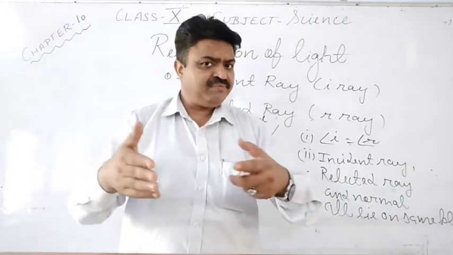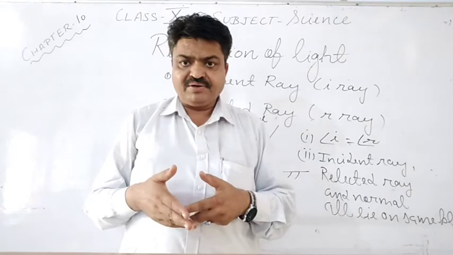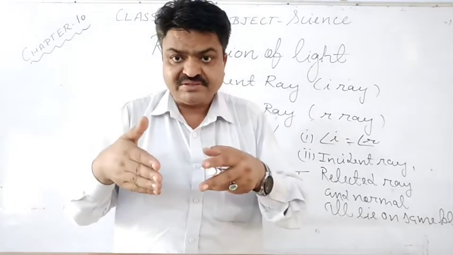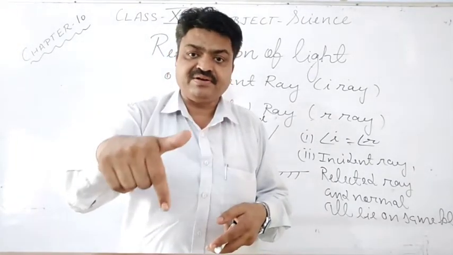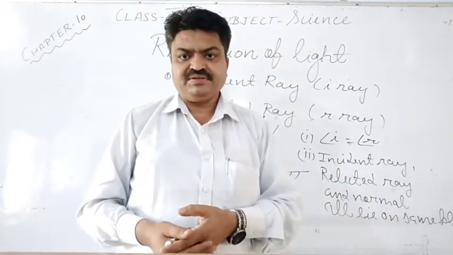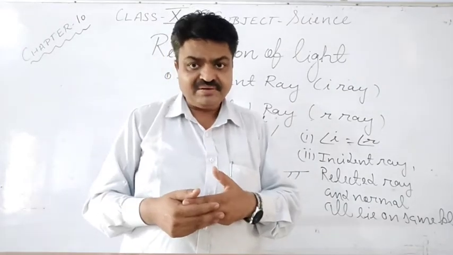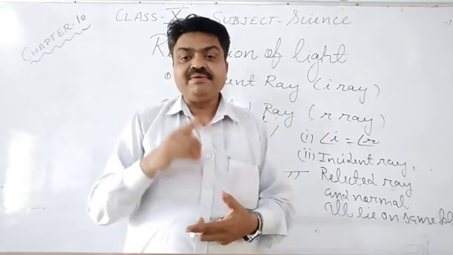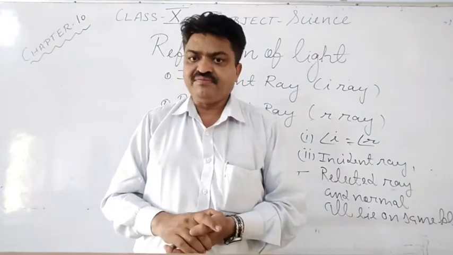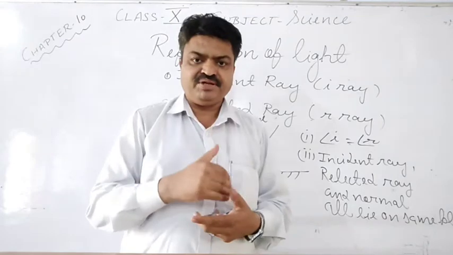Means where is the image formed? Images are always formed at the point of meeting of the two rays, means incident and reflected ray, where the two rays meet with each other, and they don't meet really, they meet virtually. That's why the image that forms is virtual, and it is formed behind the mirror, not in front of the mirror, student.